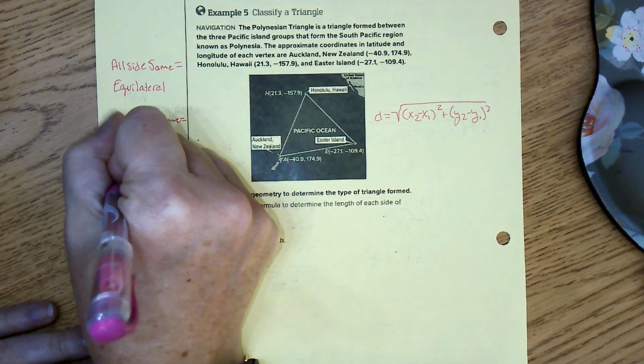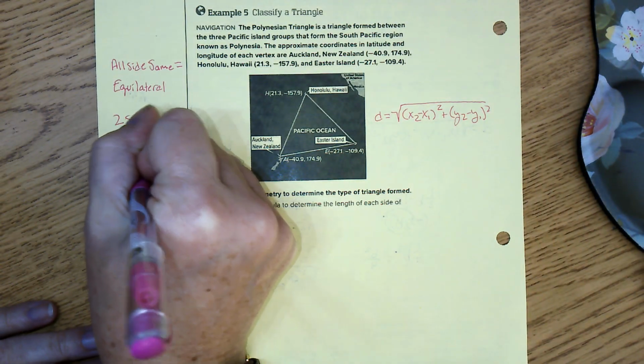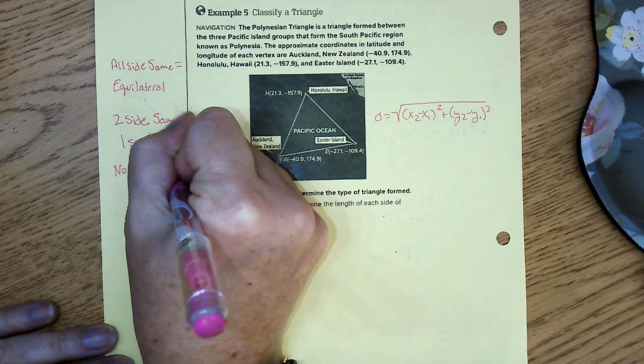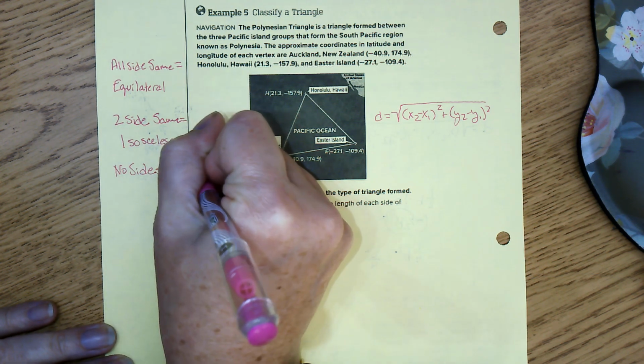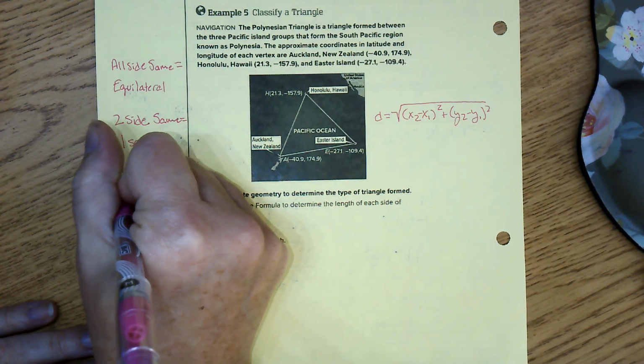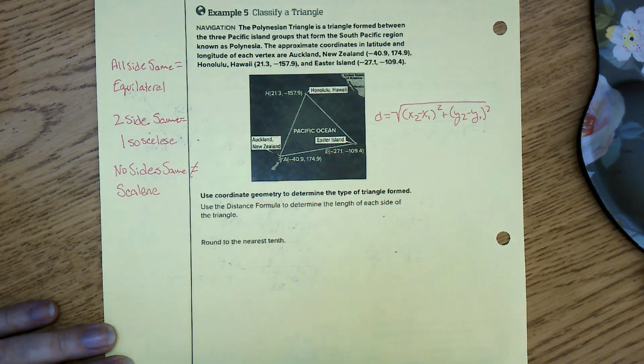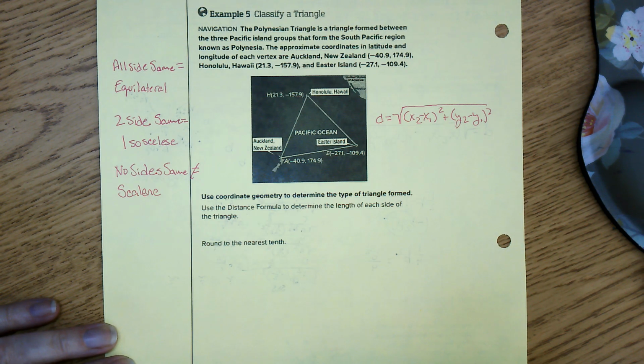If no sides are the same, that means none of them equal each other. That is your scalene triangle. That doesn't get much love in math. We don't talk about it a lot. We spend a lot of time talking about equilateral and isosceles, but we got this poor redheaded stepchild, the scalene triangle. No sides are the same.